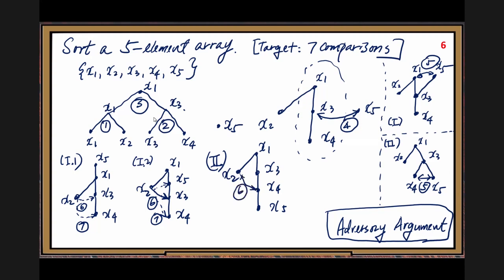The last one, one of the 2. Total 7 comparisons. You get a 5-element array sorted. How about that? And that's the optimal solution. Okay?